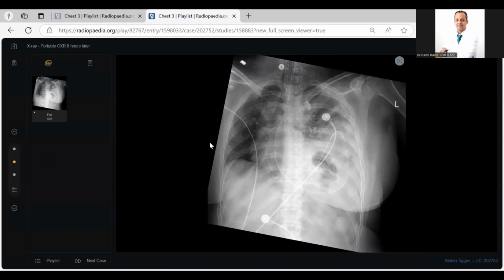Four hours later, the clinician repeated the X-ray, and this is a new, recently done X-ray of a polytrauma patient.